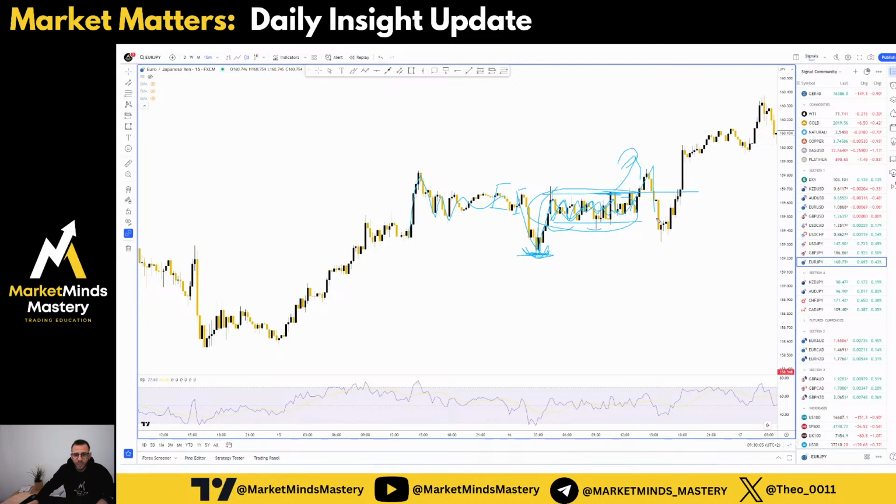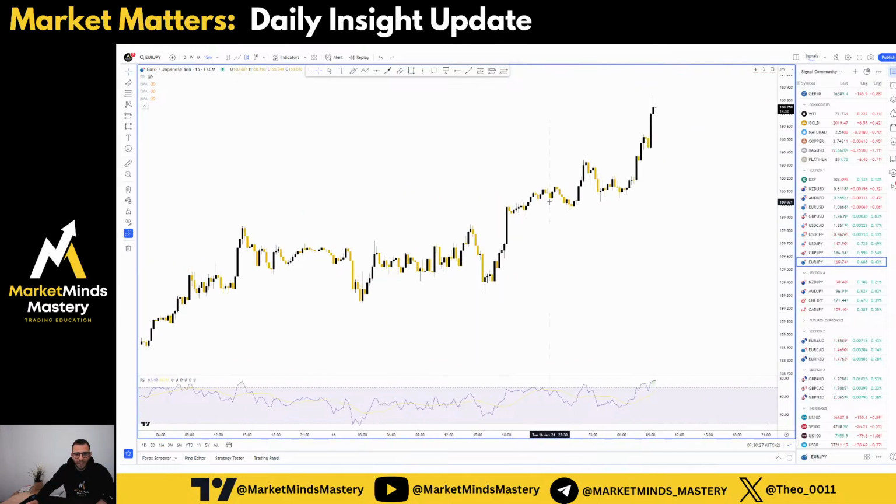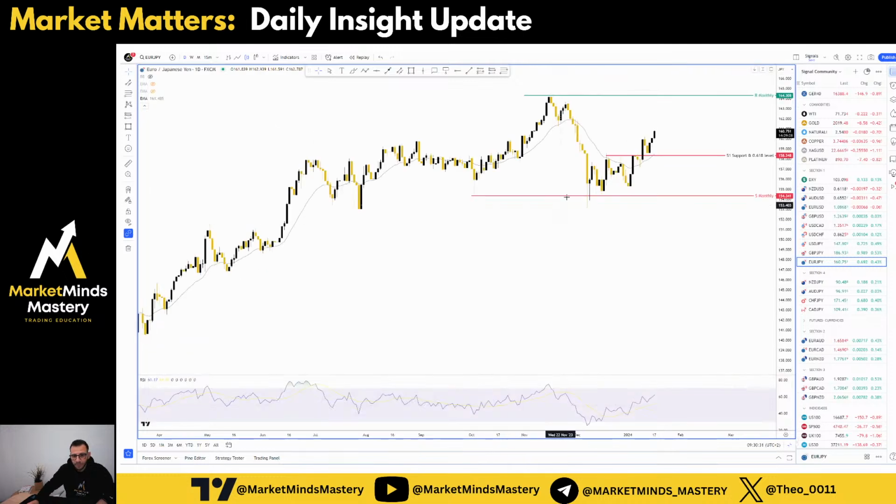Okay, and then during the New York session, just before the New York open, it created this false breakout, and then it took over. And during the New York session, it gave the directional move. So understand this type of pattern if you are trading the lower time frames.